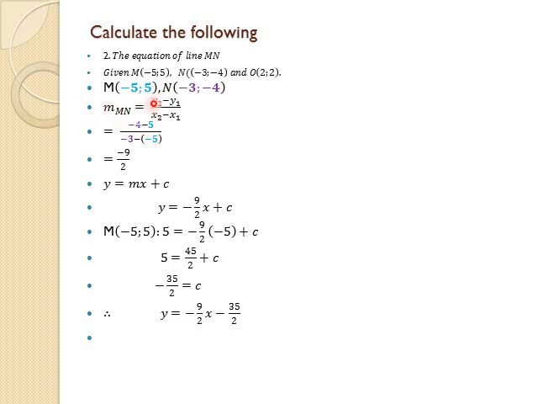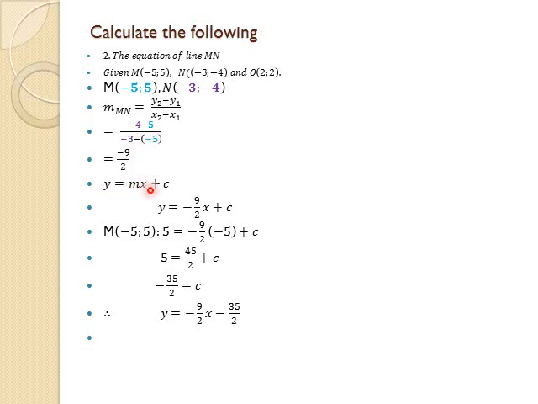Gradient MN equals (y2 - y1) over (x2 - x1). So my y value there, -4 - 5. X value is -3 - (-5). So -4 - 5 gives me negative 9. Negative 3 + 5 gives me 2.